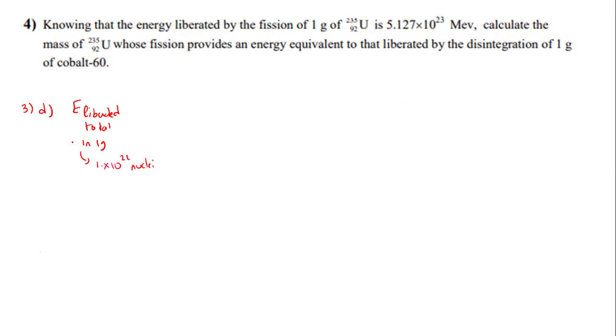So I need the energy liberated by the whole number, which equals the energy liberated by only one cobalt times the number of cobalt nuclei, N0. The energy liberated was 2.84 mega electron volt times 1 times 10 to the power 22. So we get 2.84 times 10 to the power 22 mega electron volt. And this will be the energy liberated by 1 gram, meaning by the whole sample.